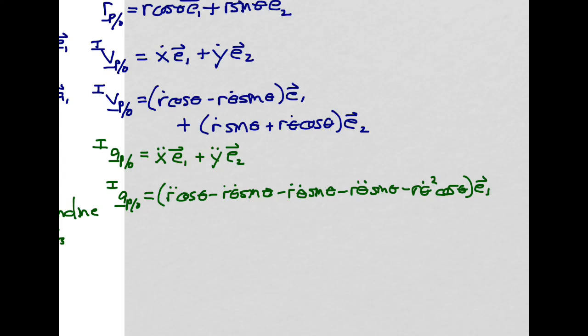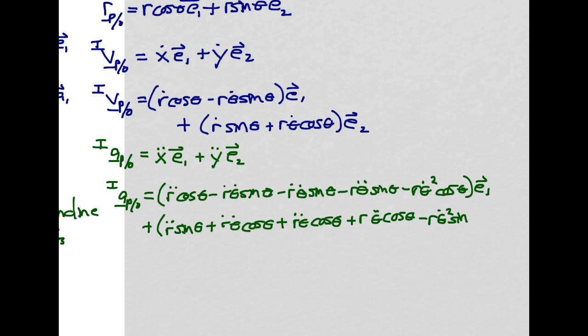And then let's take care of the E2 direction, and that's r double dot sine theta plus r dot theta dot cosine theta plus r dot theta dot cosine theta plus r theta double dot cosine theta minus r theta dot squared sine theta.